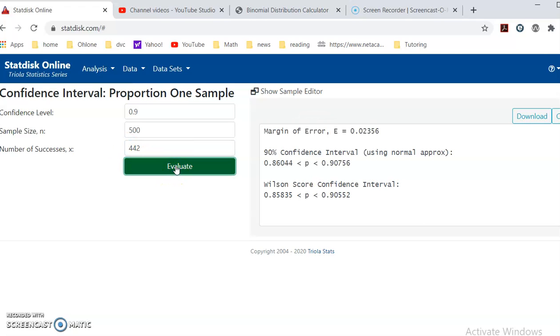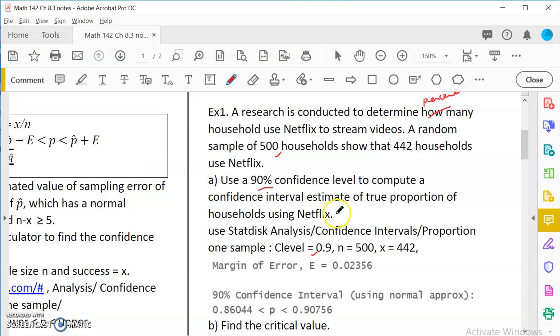Evaluate. So what is the real p-hat percentage? 442 divided by 500 is actually 88.4%, but the error is 2.35%. So the lower limit is 0.86, the upper limit is 0.90.